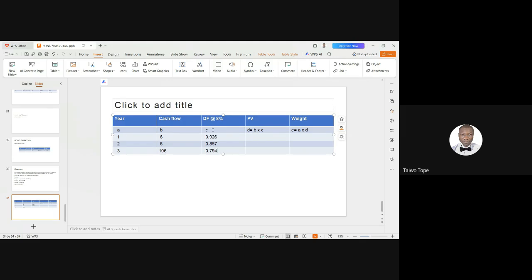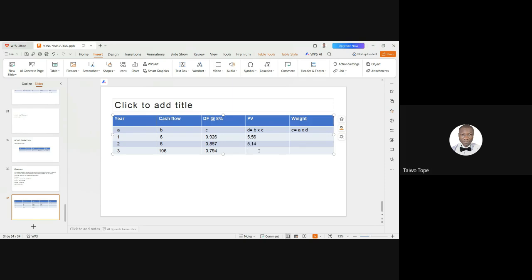So your PV is B multiplied by C. When you multiply 6 by 0.926, you have 5.56. For year 2, 6 multiplied by 0.857 gives 5.14. Let's maintain 2 decimal points.